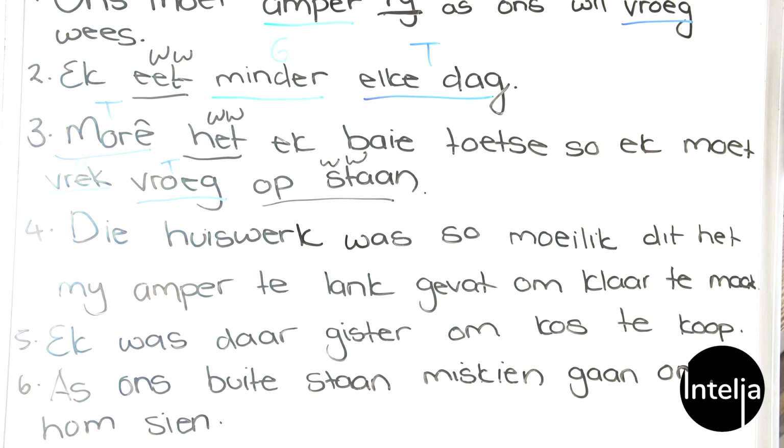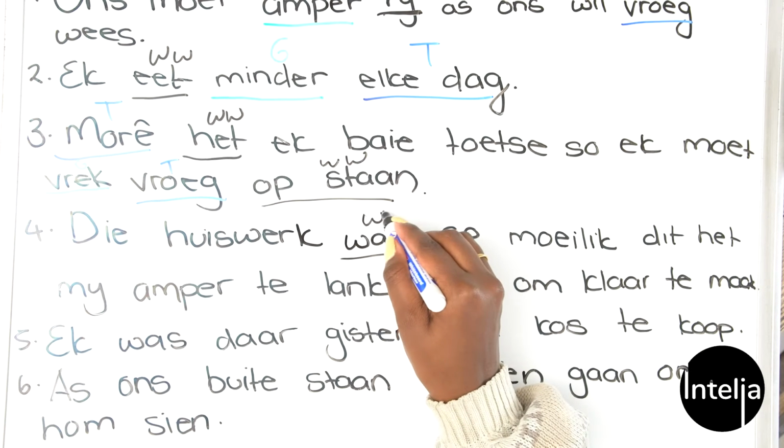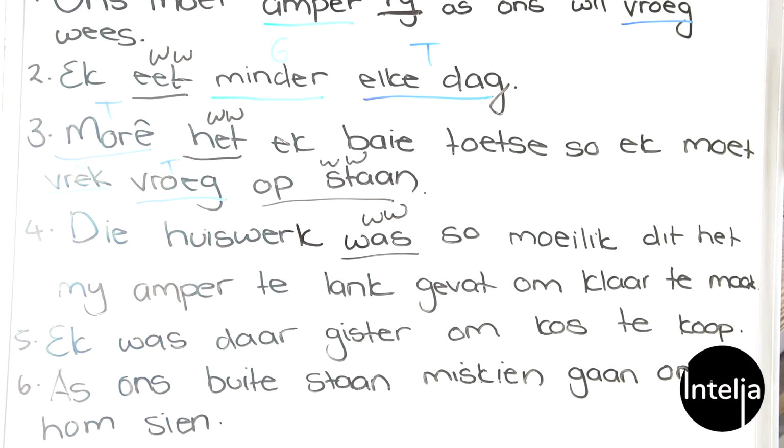Eerste ding wat ons gaan doen is, ons soek ons werkwoord. Wat is ons werkwoord in sin 4? Okay, so remember, was and het can sometimes not replace a verb, but it is a verb because het and was are tenses, so it tells us which tense this person is speaking in.